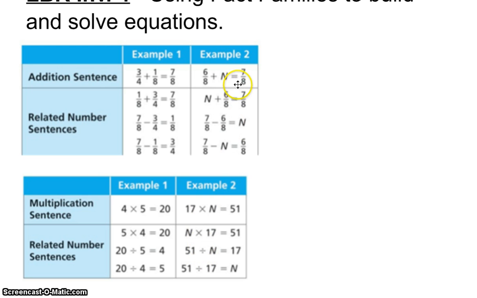Please note that in our addition, the larger number is our sum, and when we go to subtraction, the sum becomes the number that we are subtracting from. Then in multiplication, we've got the two factors that equal the product, and when we switch over to division, we move the product to the number that we are dividing.